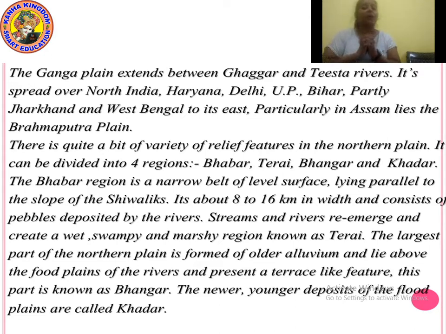Now, Bhangar is the terrace-like area formed by the old alluvium, which is lying above the floodplains of the river. It is just like a terrace. Now, what is Khadar? Khadar is a newly born area which has been created by the floodplains. Clear? So, I hope you all understood the difference between Bhabar, Terai, Bhangar and Khadar.